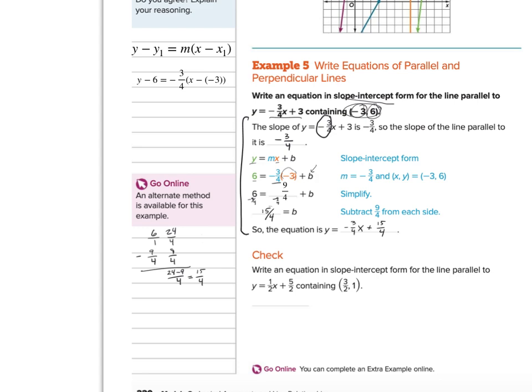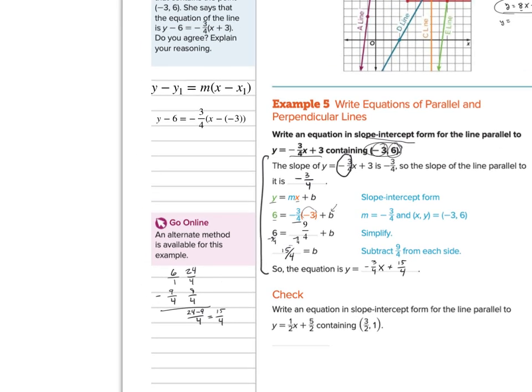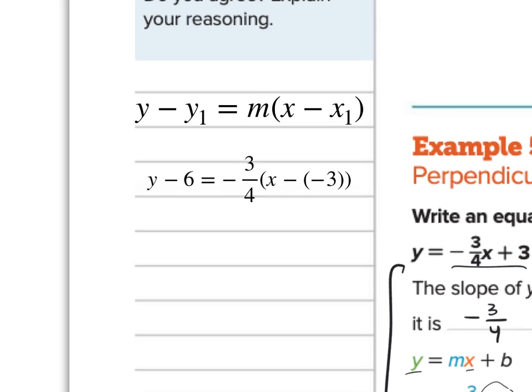That's how they want to do it. Me, I'm going to use that point-slope form just like I did up there. Right here, I plugged in my slope, I plugged in my point, and I'm going to now distribute. So I have y minus 6 is equal to negative 3/4 x. This is a positive, so that would become minus.